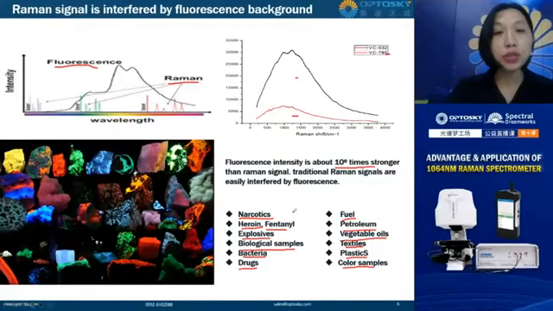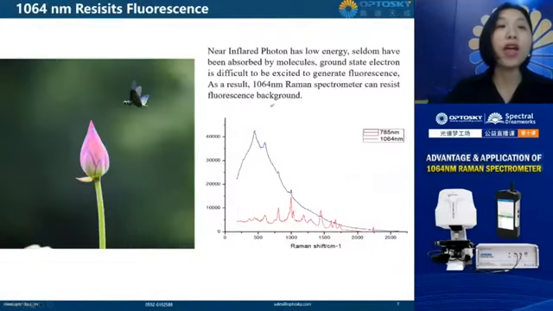So all these samples need to use the 1064 nanometers Raman spectrometer because it can resist the fluorescence. We can explain this from the principle of fluorescence: near infrared photons have low energy, so they are not absorbed by the molecules.